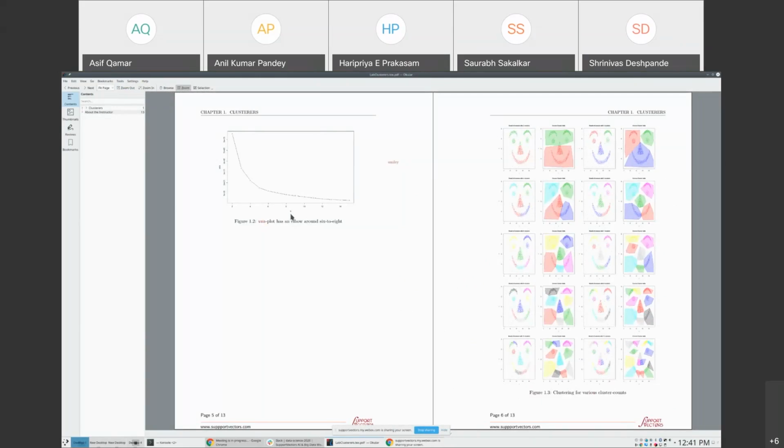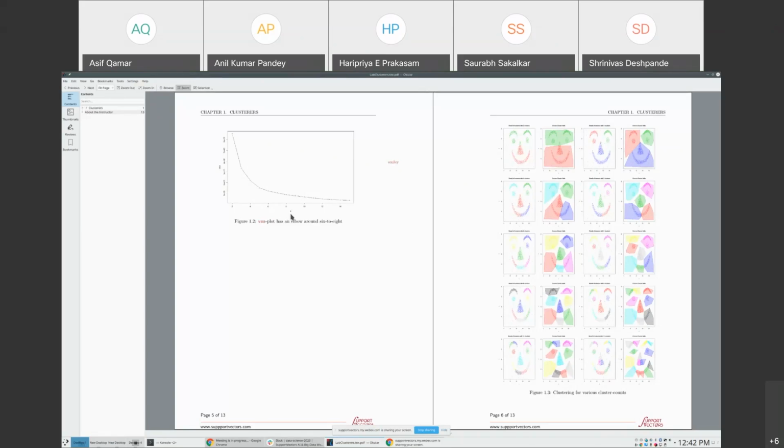So I think 2 and 4. It's not very clear. Anybody else would like to make a guess? Which value would you put your elbow at? Between 4 and 6.